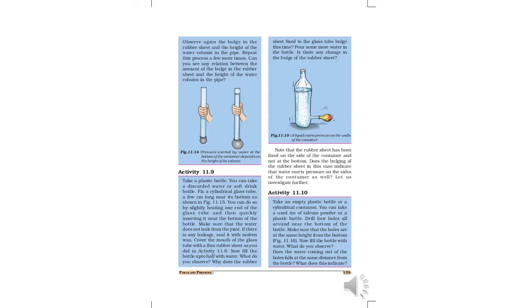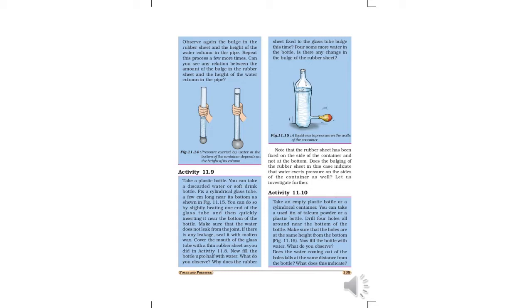Last class I had explained that a liquid exerts pressure on the substance. Pressure exerted by water at the bottom of the container depends on the height of its column.